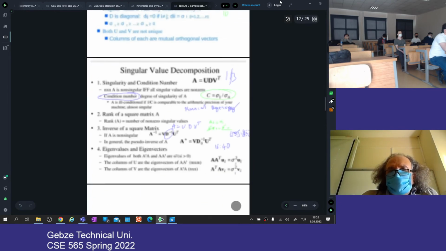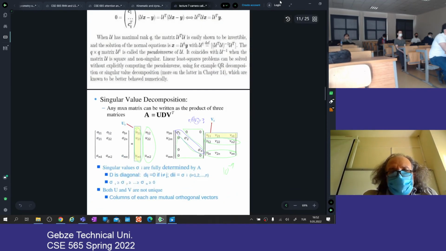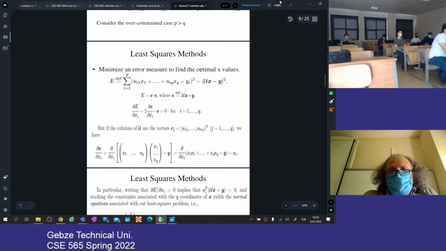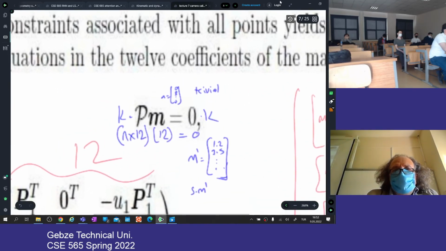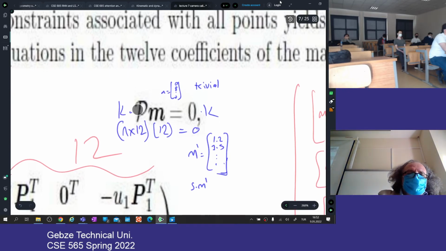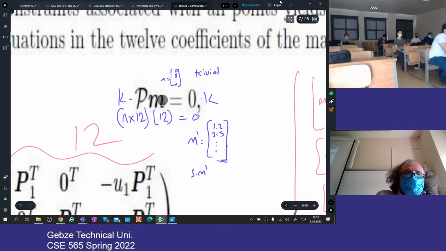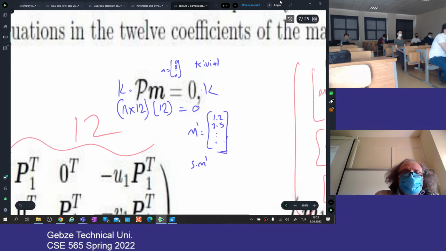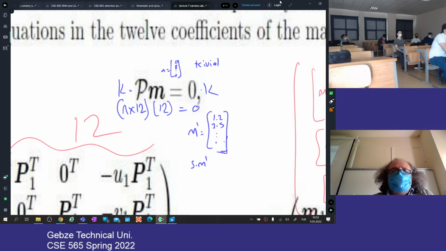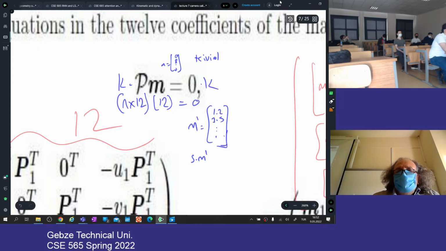And remember, at the beginning, before I started talking about singular value decomposition, I did that: P is known, M is not known. If I multiply P with M, I will get a 0. This is a homogeneous system. If somebody says that I found an M, I can multiply that M by k, and Mk is another solution to the system.